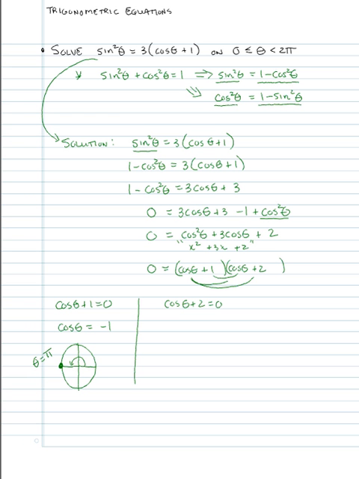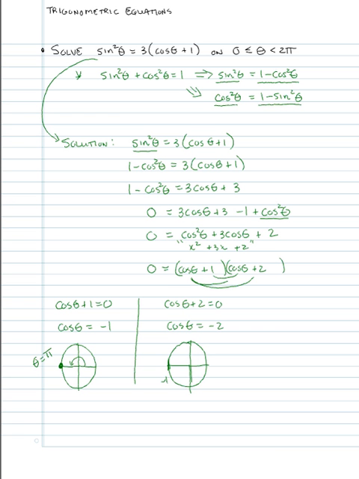Now when I look over here to the second factor, cosine of theta plus 2, and I set it equal to 0, I'm going to similarly isolate cosine of theta. But when I have cosine of theta is negative 2, there is no place on the unit circle where the first coordinate is negative 2. We've got to remember this: if we had a unit circle, this is where negative 1 is, and we're not beyond that.